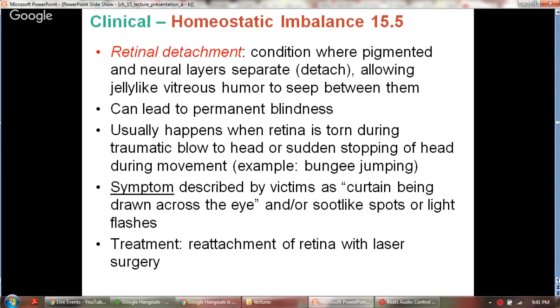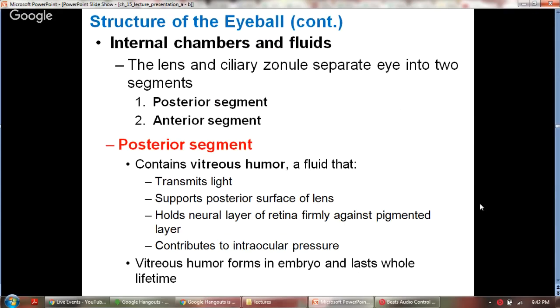It usually happens when the retina is torn during a traumatic blow to the head, accidents, somebody hitting the head, and sudden stopping of the head during movements like jumping. Victims describe symptoms as a curtain being drawn across the eye and soot-like spots or light flashes. Reattachment of the retina with laser surgery is the current treatment option for that.